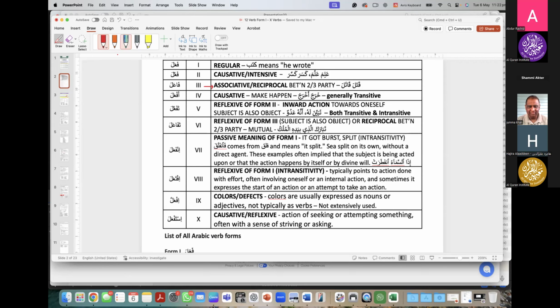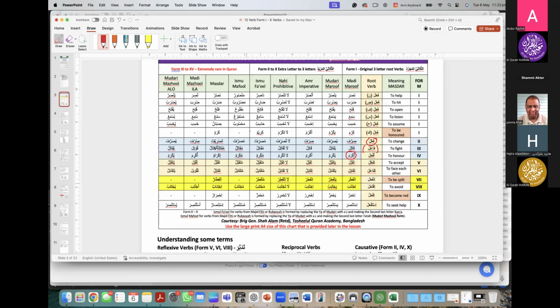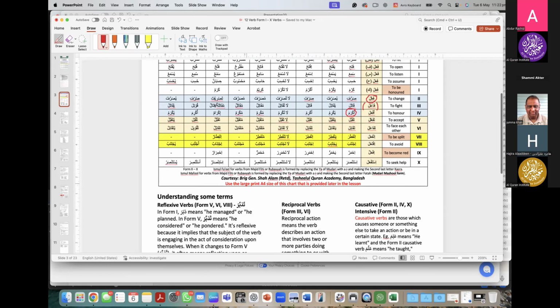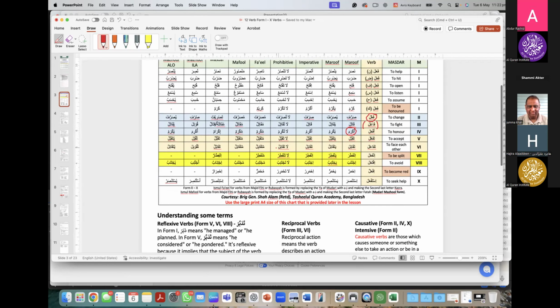Okay, that's done, mashallah. This color coding, now watch it. Okay? This is blue. Make a note of this. From nasara to istansara, from form 1 to form 10.